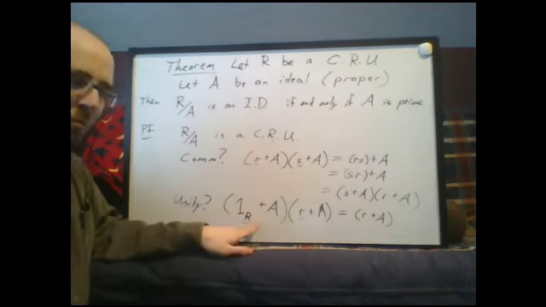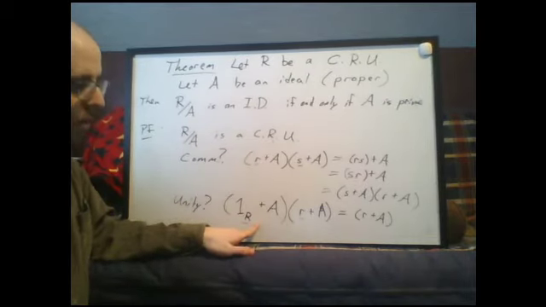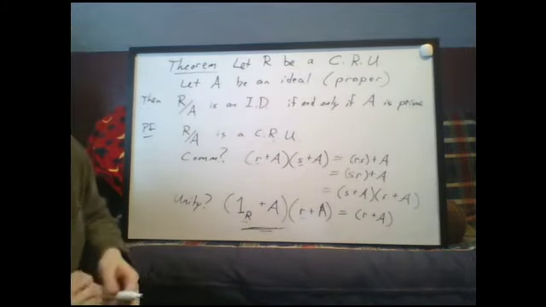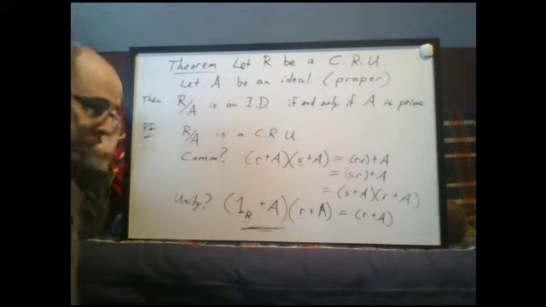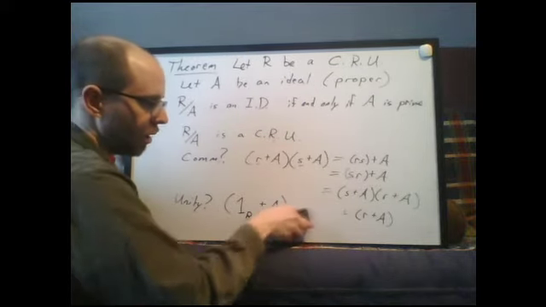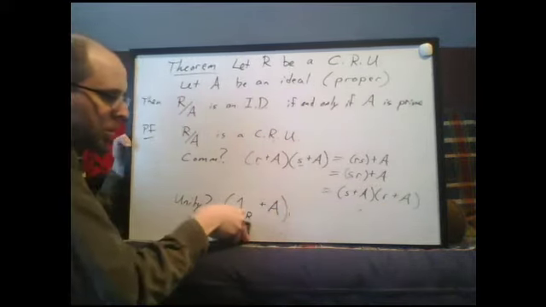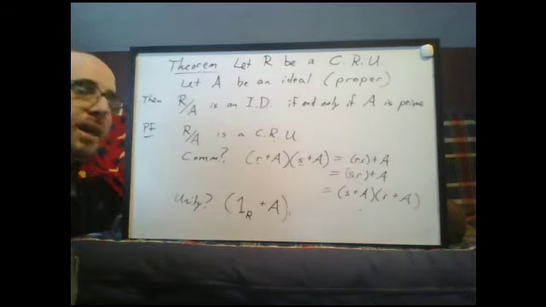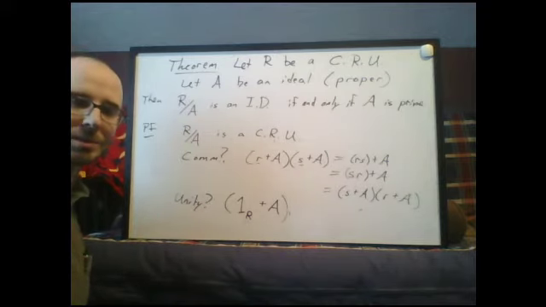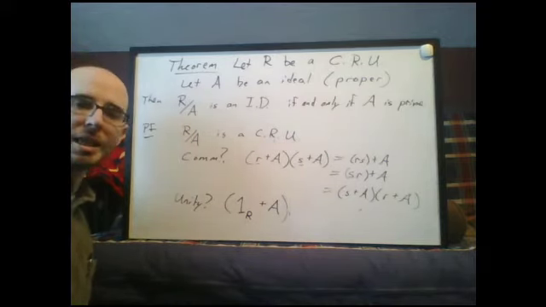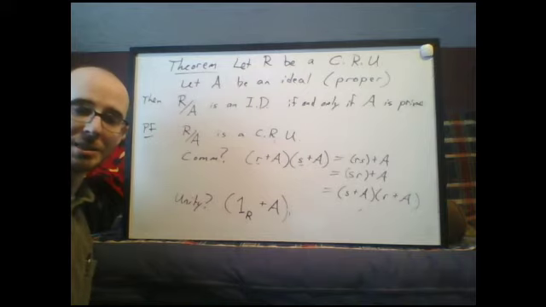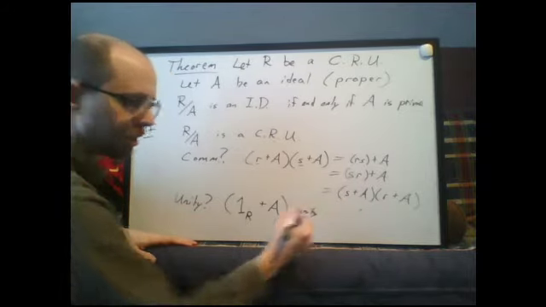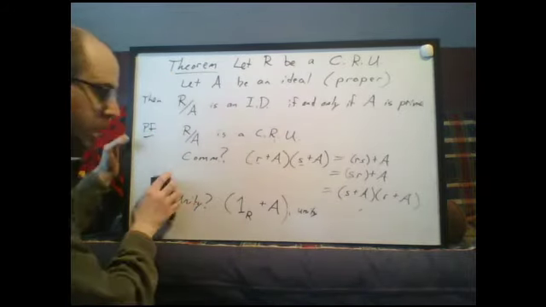So multiplying times 1_R plus A, this times this gives me this back. So that tells me this is a unity. There's one very subtle issue, though, that I should mention. This satisfies the multiplicative identity property, but if you go back, being a unity element is slightly more than that. We need that the unity is not the same as the 0 element. Let me give myself some more space, though, to say this.